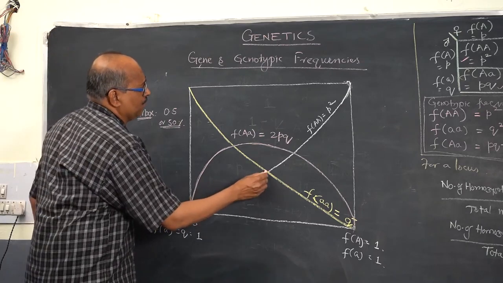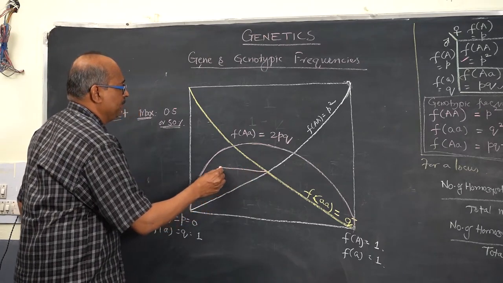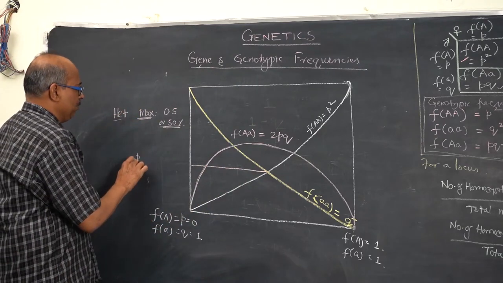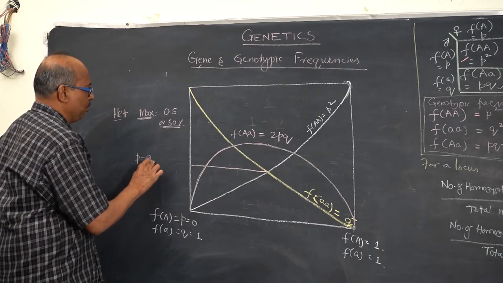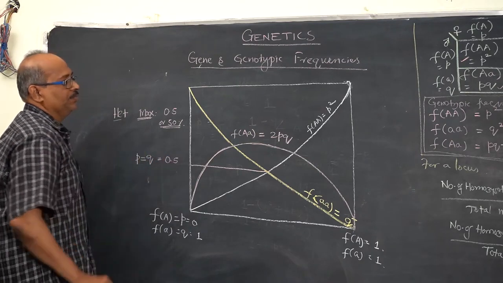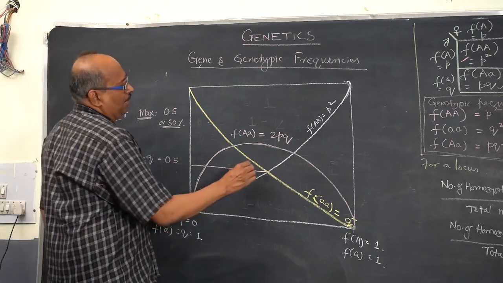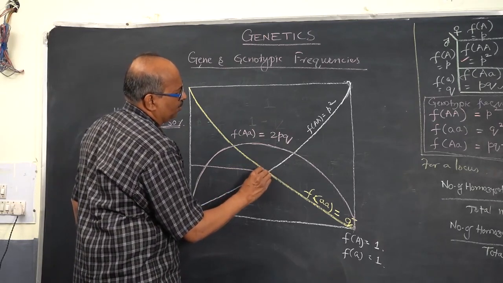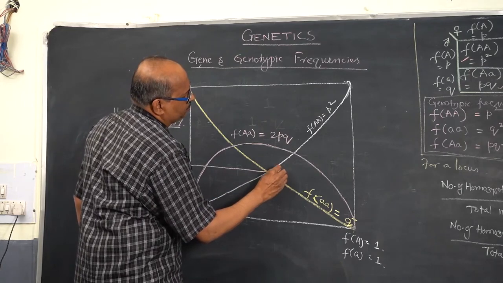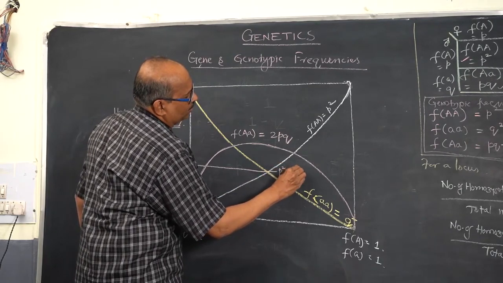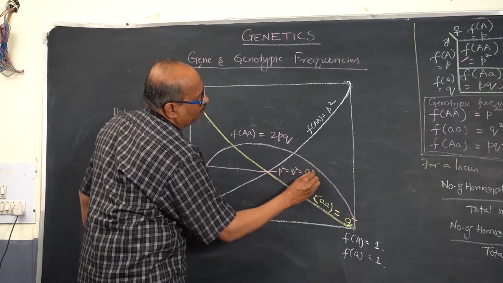If you take this point here, P will be equal to Q equal to 0.5. And it doesn't matter whether it is P square or Q square, this will be 0.25.